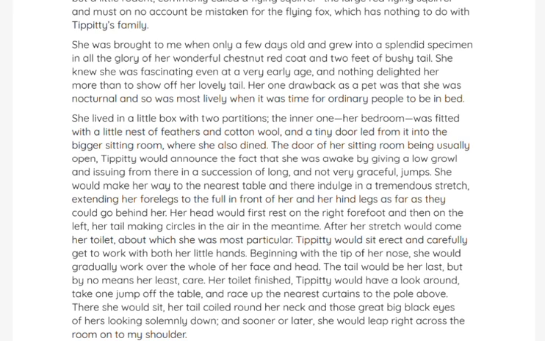So here we're talking about the box in which she lived. She means the flying squirrel, Tipitty. The author arranged a box for the flying squirrel to live in, and it has two partitions, I mean two portions.